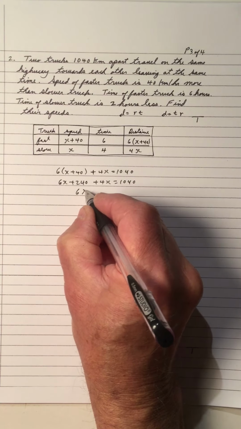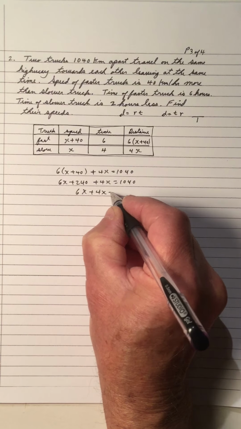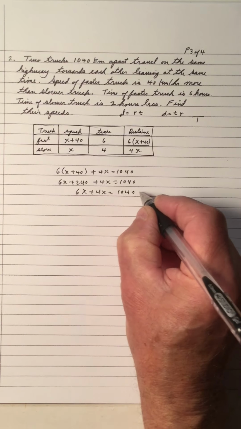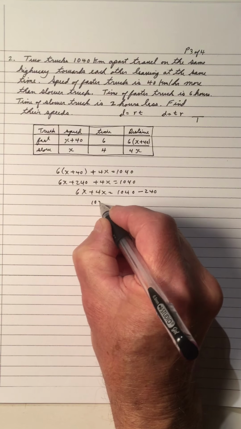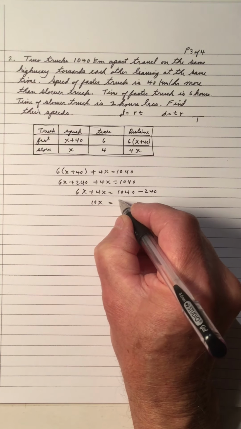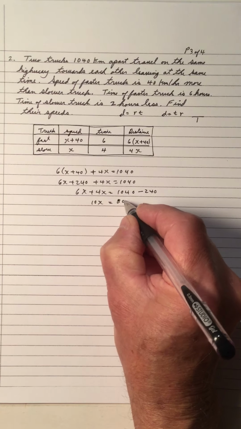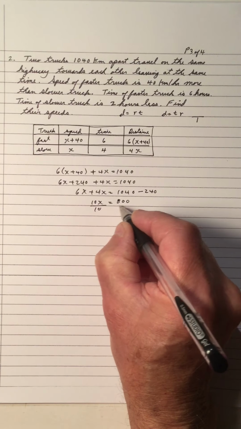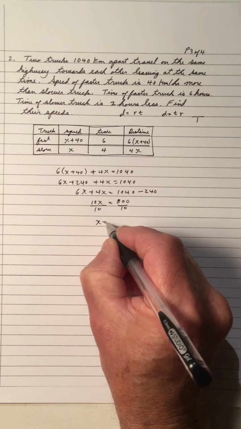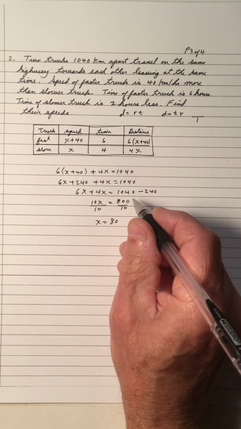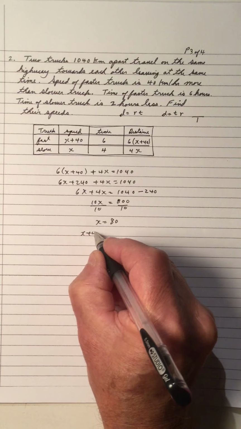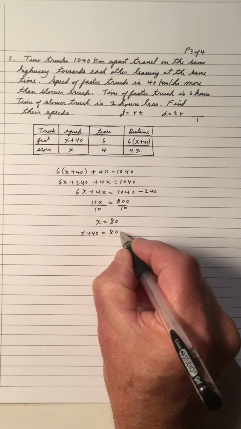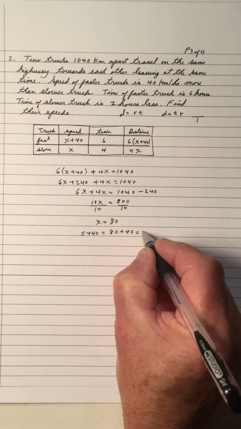So 6x plus 4x equals 1,040 minus 240. So 10x equals 800, and divide by 10, x equals 80. So x is the speed of the slower truck, so x plus 40 is 80 plus 40, 120.